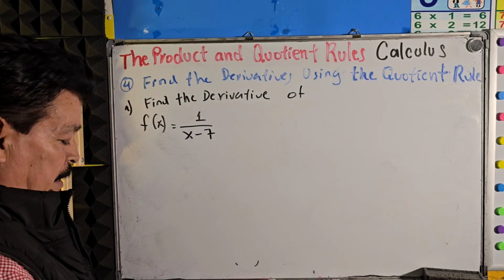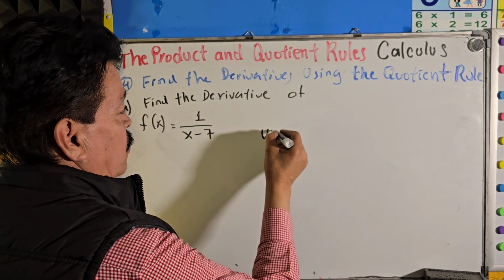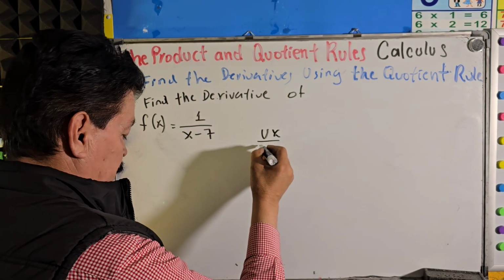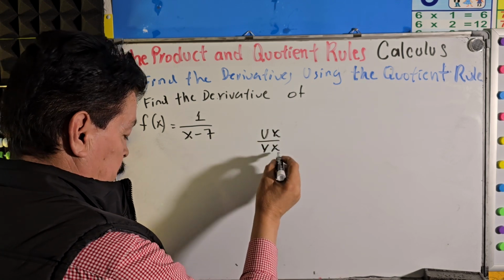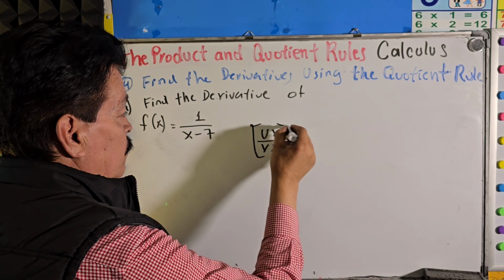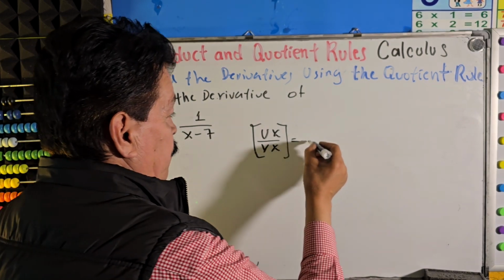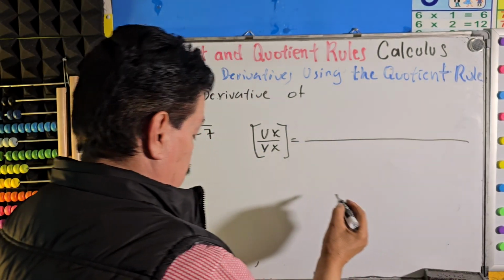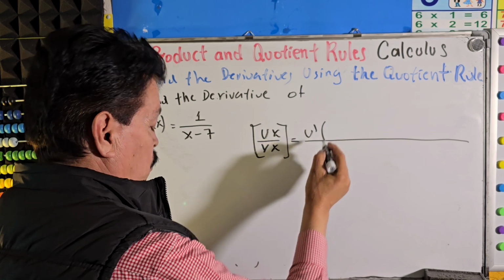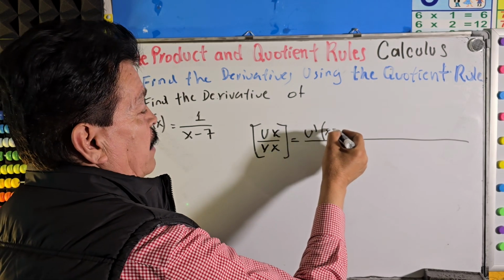Okay, the idea that we have right here is u of x divided by v of x. This equals, that's the rule. Remember, I already know, so I will write it again.